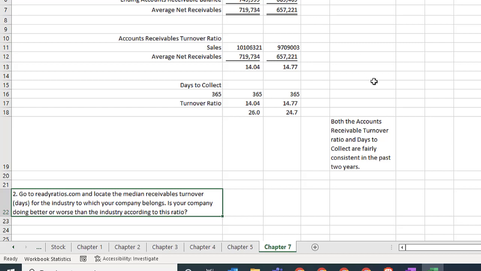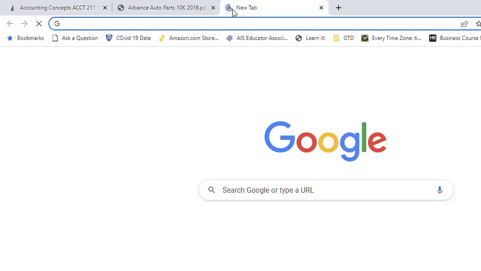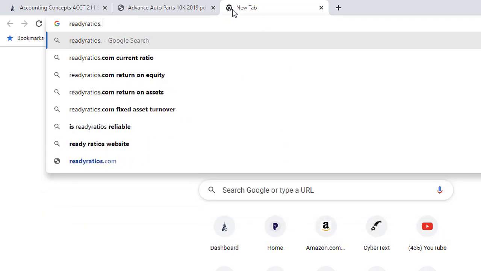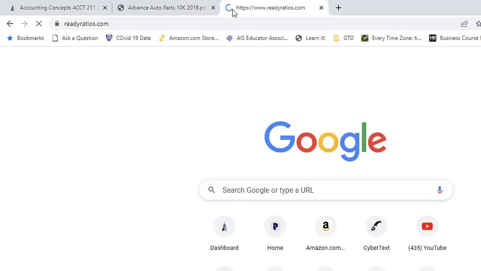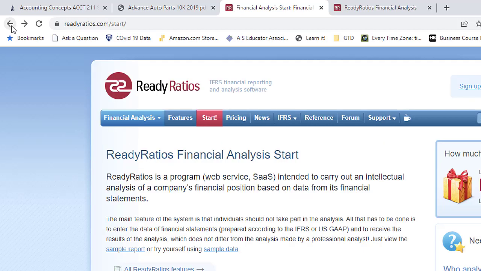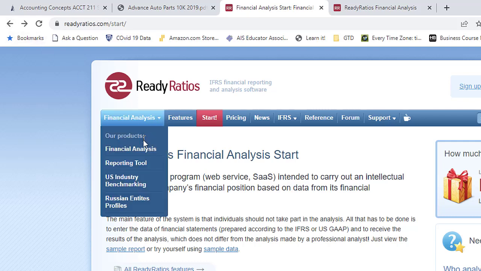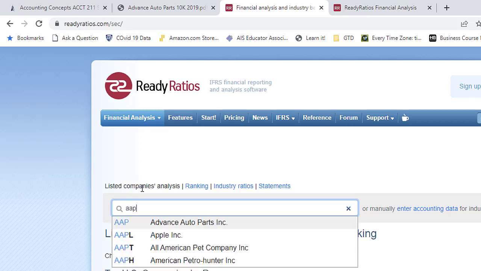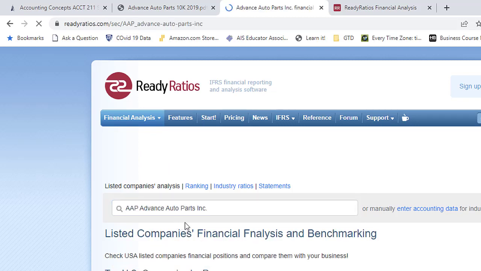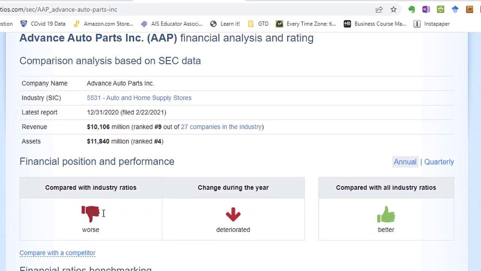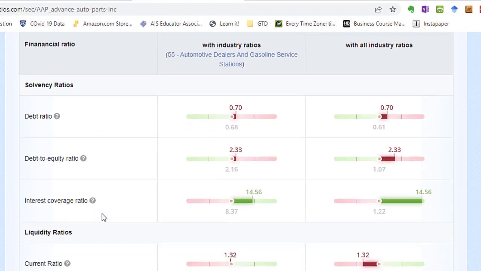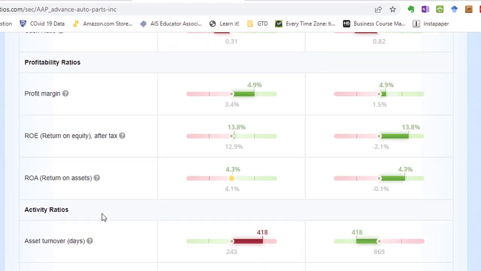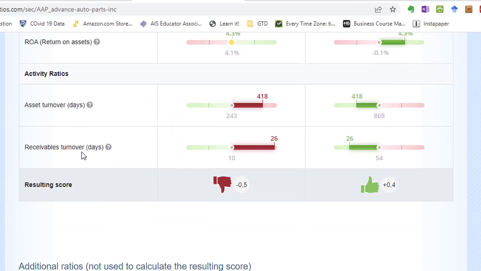So I'm going to go back to Ready Ratios. So here I am at readyratios.com, and I'm going to go ahead and go to U.S. Industry Benchmarking, and I'm going to search for my company, AAP, Advanced Auto Parts. Obviously, you would search for your company. And then I'm going to go down here and look for the receivables ratios. Here's my days to sell.